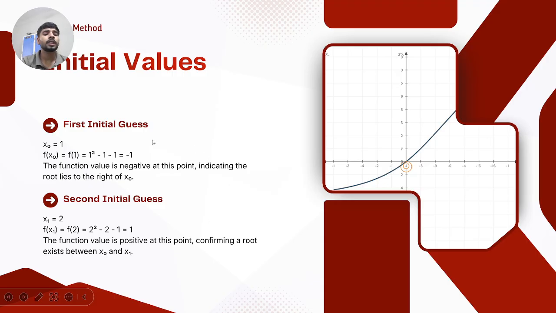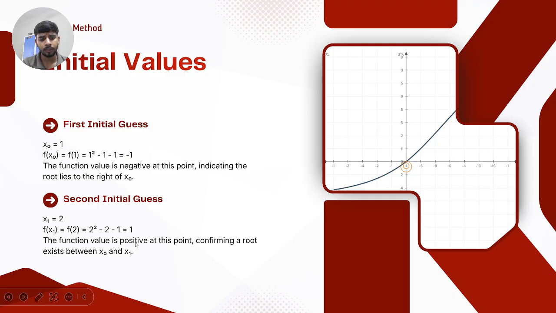The first initial guess we take is x0 equals 1. Evaluating f of x0, f of 1, putting the value, the function value is negative at this point, indicating that the root lies to the right of x0. The second initial guess x1, we evaluate the function at x1.